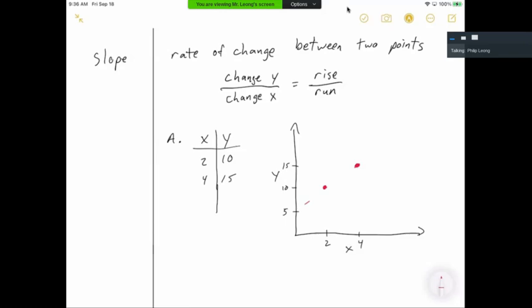And remember, don't just connect it and have your line be floating like this. Have it go all the way to the y-axis. Sorry, a little bit sloppy.